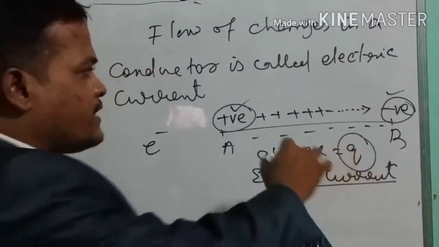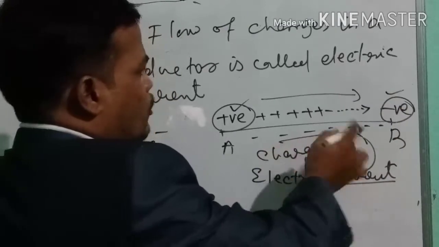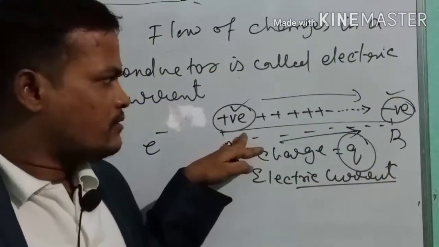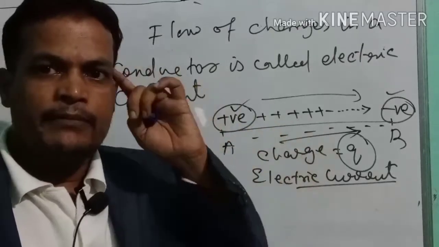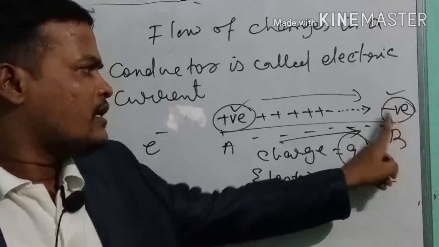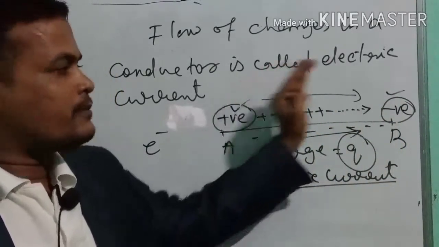So two definitions you can remember. Keep in mind, electrons flow from the negative terminal towards the positive terminal, and electric current flows from the positive terminal towards the negative terminal.